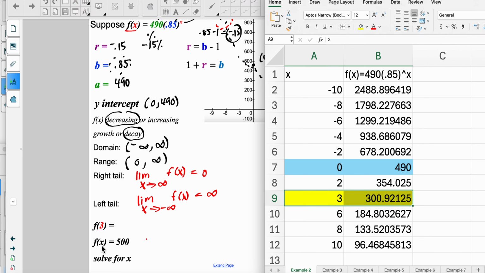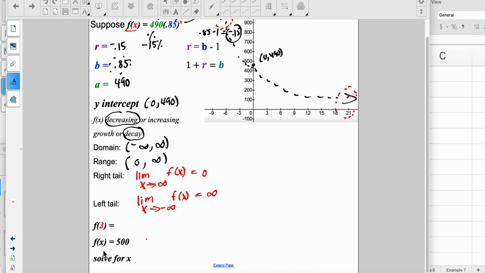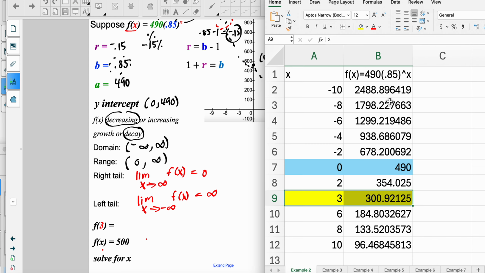Then if I want to find when f of x is equal to 500, 500 is my output, and I want to solve for x. So I'm going to use Solver. Somewhere between -2 and 0, it's equal to 500.